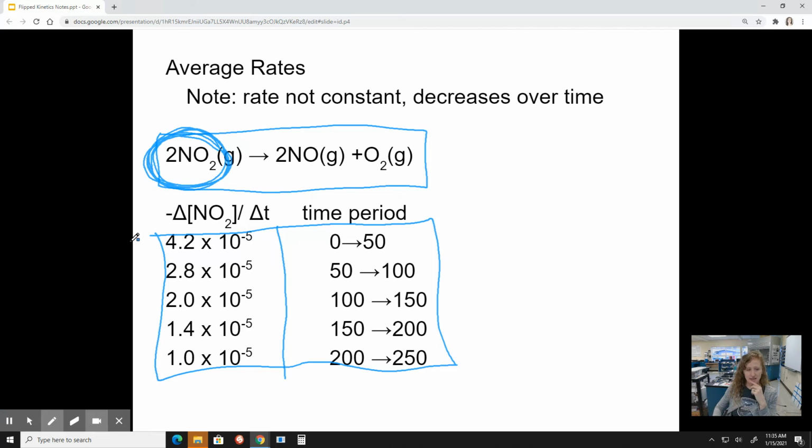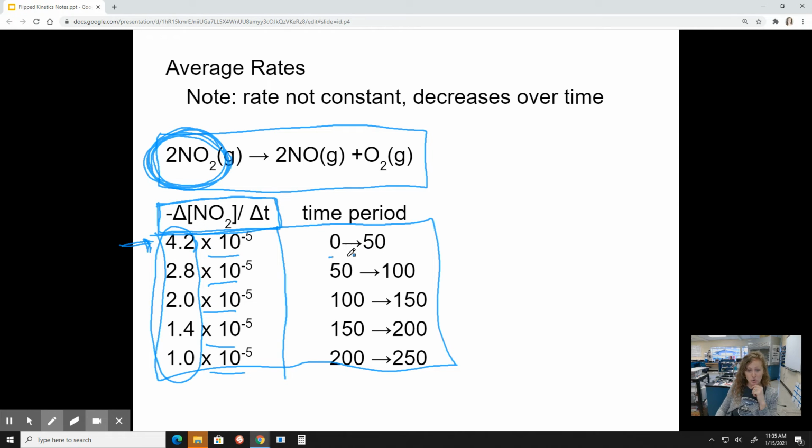And you can see this in the data. Notice that our data here is being communicated in terms of the disappearance of nitrogen dioxide over time. And at first we start at 4.2. Notice that all of the exponents are consistent, so we can ignore the exponents and just look at these base numbers.